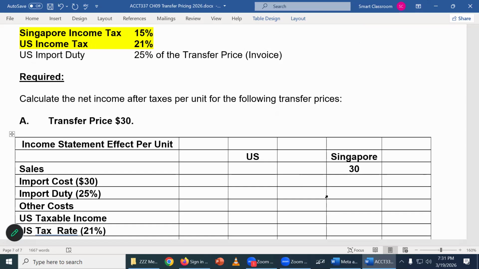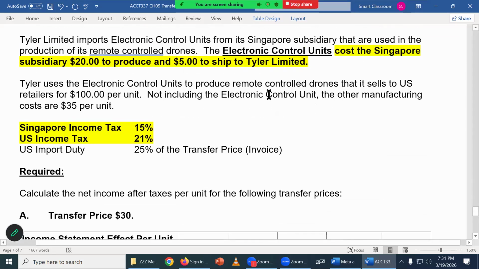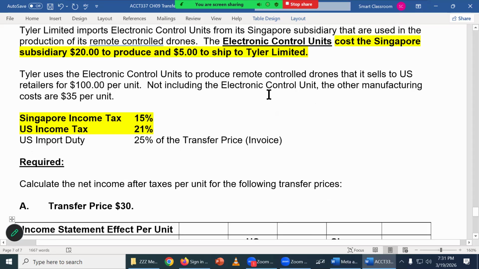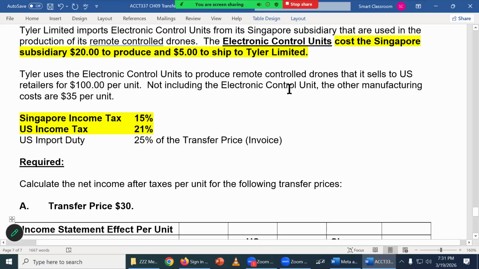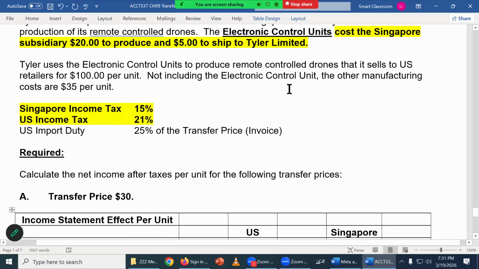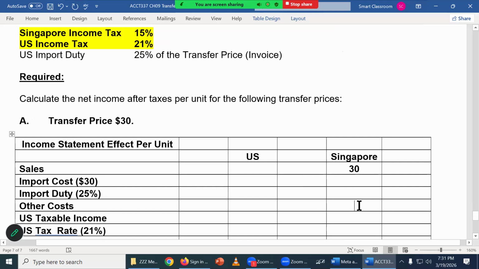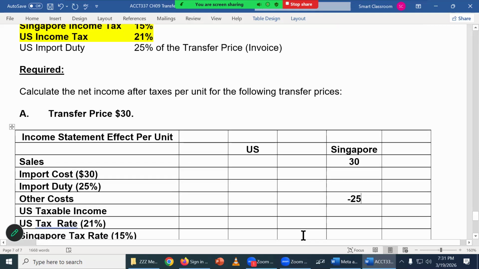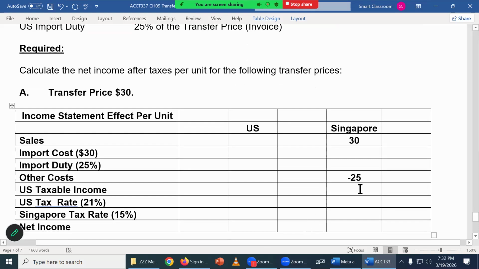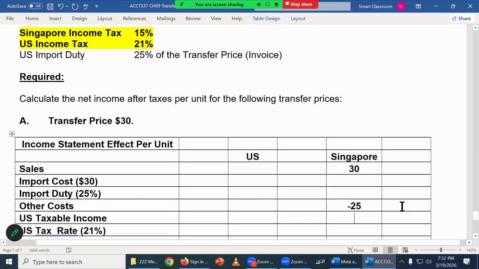What cost do we have for Singapore? Okay, so the taxable income would have been $5.